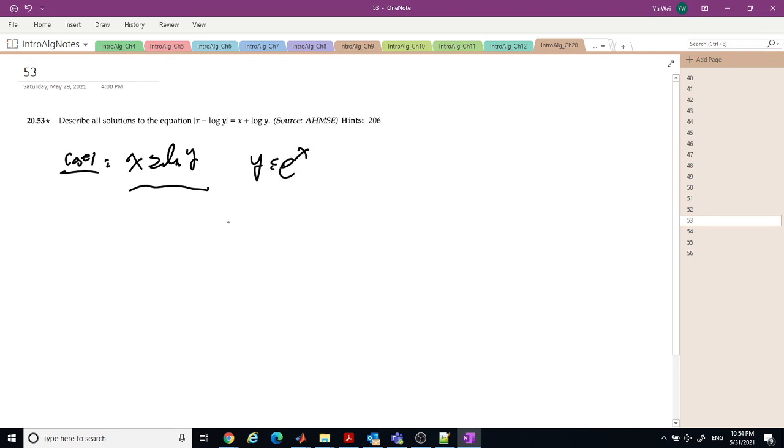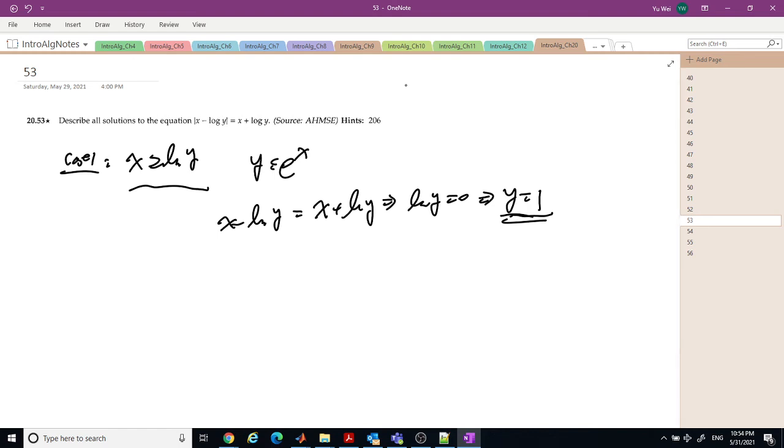Then we have x minus the log of y is equal to x plus the log of y. Now we could have the log of y equal to 0, meaning y equals 1, right? So that means when y equals 1, right?